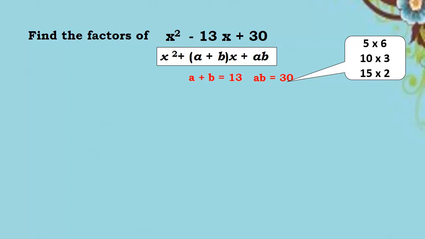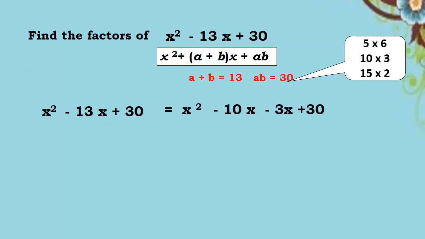Now think, by adding or subtracting these, do we get 13? Yes, 10 and 3. So now, while writing, put the minus sign. x square minus 13x plus 30 is equal to x square minus 10x minus 3x plus 30.